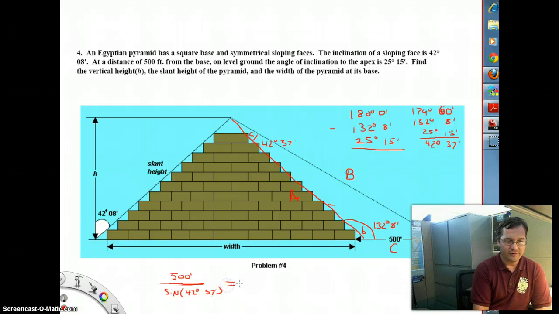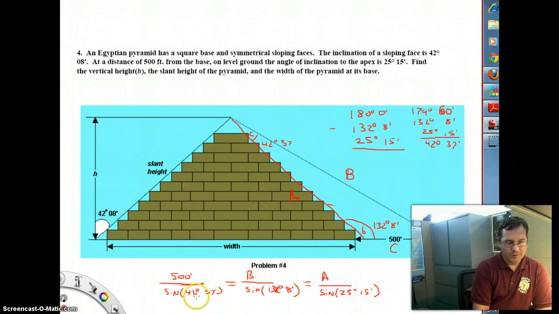And that proportion is equivalent to the length of side B as side B relates to the sine of angle B, 132 degrees, 8 minutes, is as side A relates to the sine of angle A, which in this case is given as 25 degrees, 15 minutes.